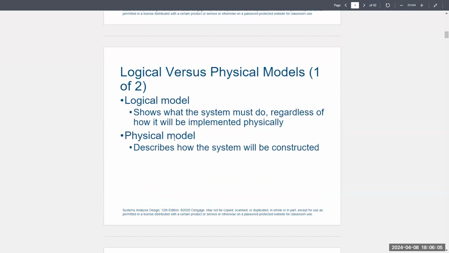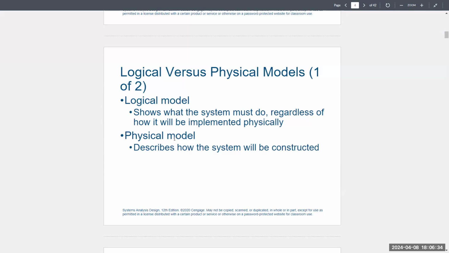Logical model, physical model. What is a logical model? It's just something we put on paper, right? And it talks about the what type of questions. What does the system have to do? It doesn't exactly talk about how we have to implement, what technology, what language, what infrastructure. Just talks about what does the system do, right?